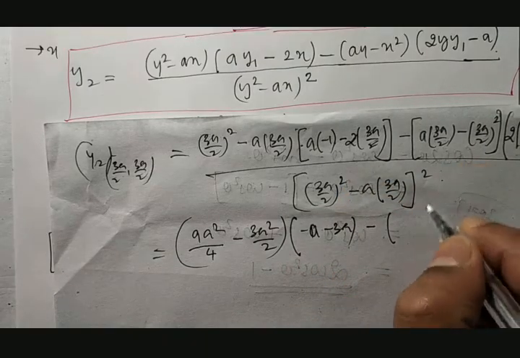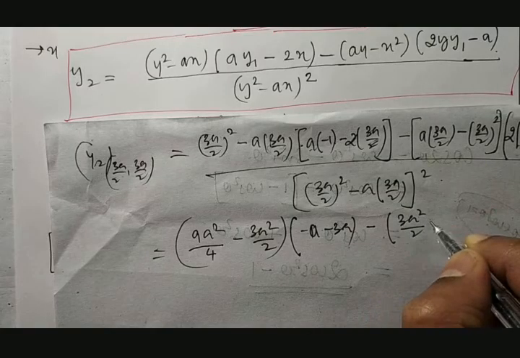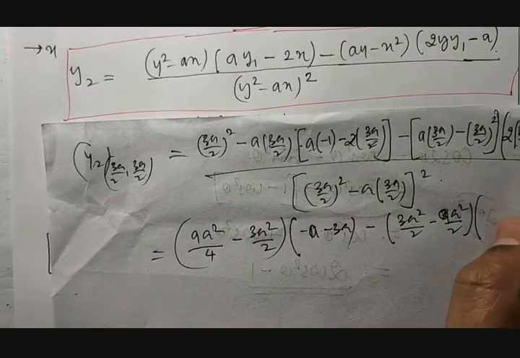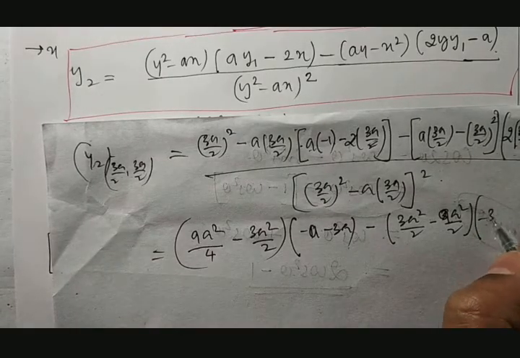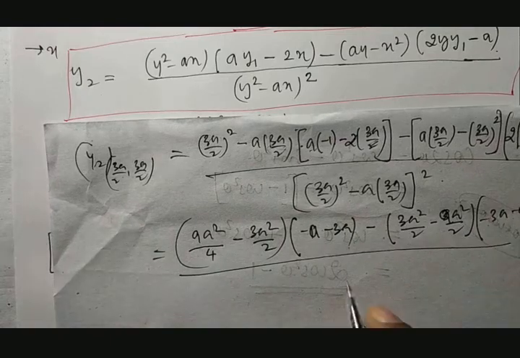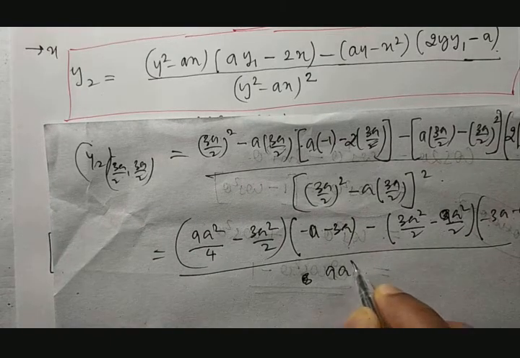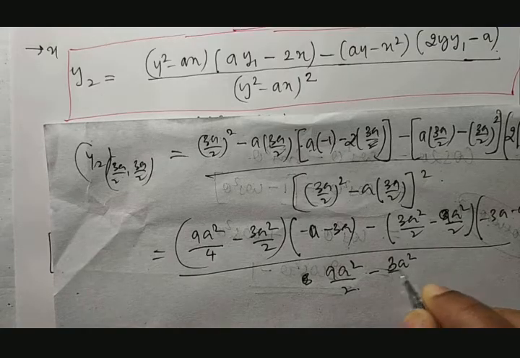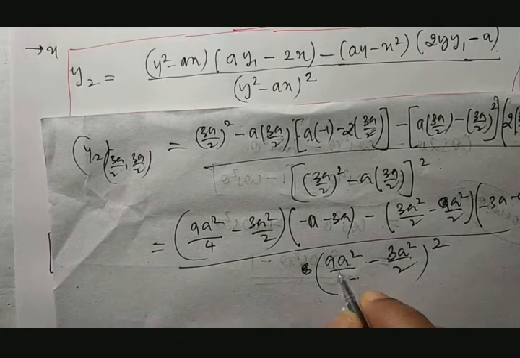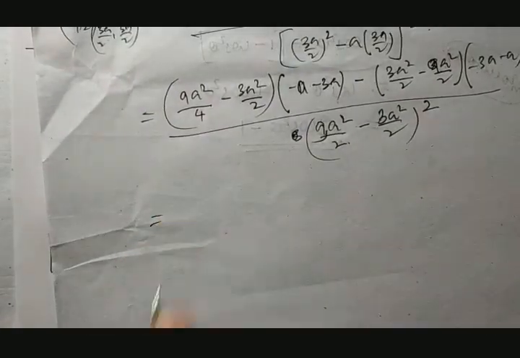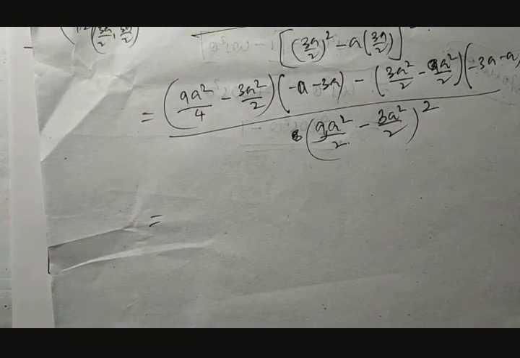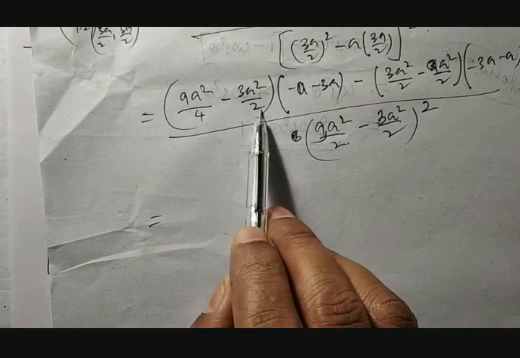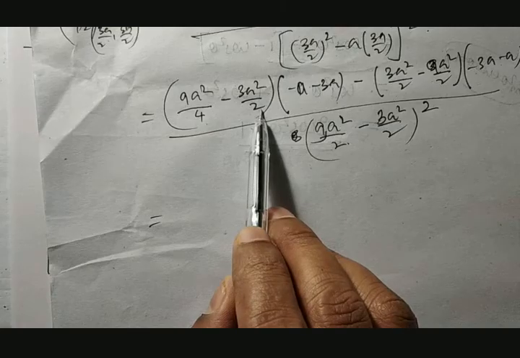Then here it is again 3a square by 2 minus 9a square by 2 into, again it is 2 to get cancelled, so it is minus 3a minus a divided by, it is 9a square by 2 minus 3a square by 2 the whole square. Fine. Which will be equal to 9a square by 4 minus 3a square by 4.